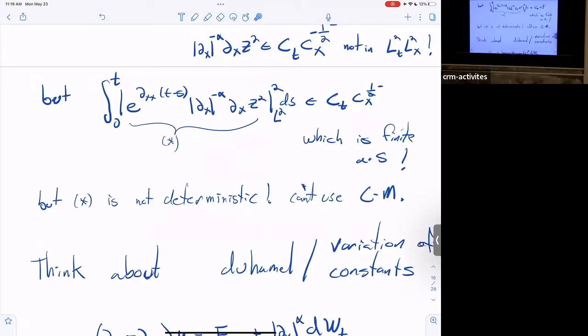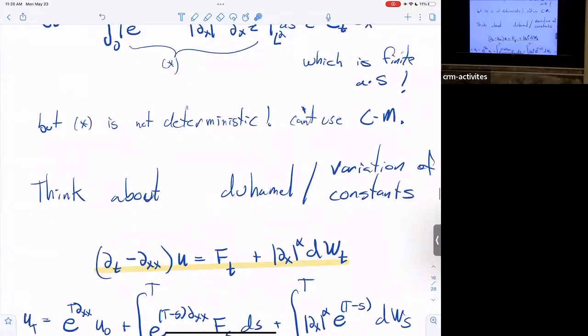So there's that calculation I just talked you through abstractly. If I put in the heat semigroup and now did this, I would get this in C1/2, and I'd be happy. But it's not deterministic, so I can't use Cameron-Martin. So what I'm going to do is think about Duhamel. I think a lot of the inspiration of this definitely came from reading some of Shumet's work.